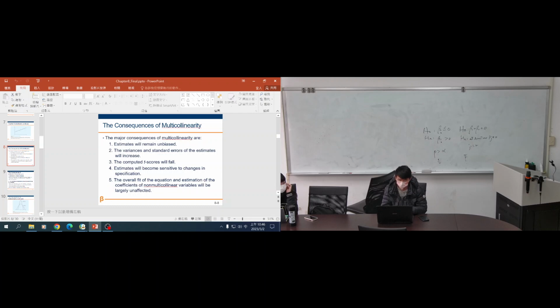Then I think number 5 is also important. If your X variables don't have multicollinearity problems, no matter whether the specification changes or the sample size changes, the estimation will not be affected. I mean, in these examples I do have 2 variables which are multicollinear.